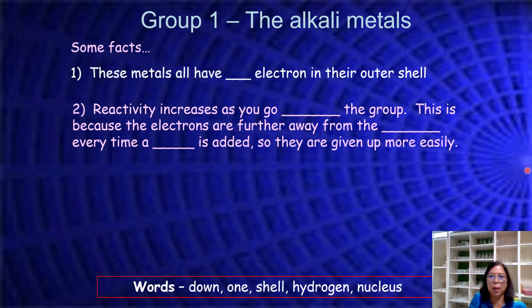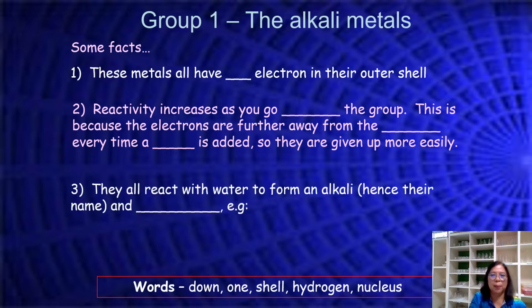And another fact that you should not forget related to the words mentioned is that reactivity increases as you go blank the group. This is because the electrons are further away from the blank every time a blank is added, so they are given up more easily.